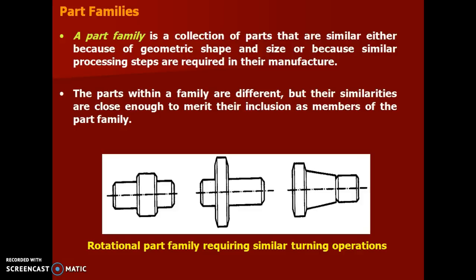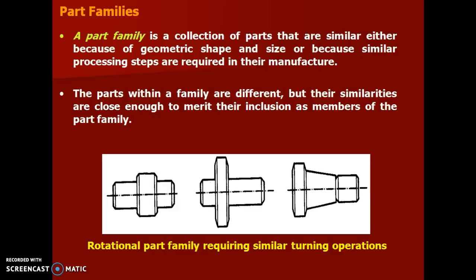Coming to part family, it is a collection of parts that are similar either because of geometric shape and size or because of similar processing steps that are required in their manufacture. The parts within the family are different, but their similarities are close enough to merit their inclusion as members of a part family.